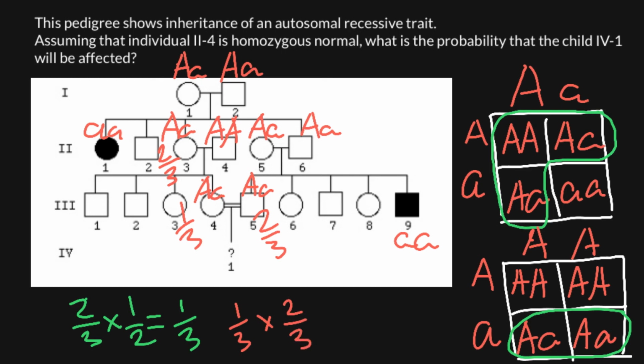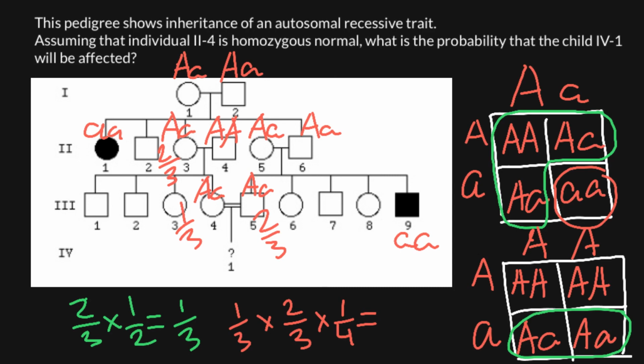And once again, if both these parents are heterozygous, it doesn't mean that the progeny have to be homozygous recessive and affected. Two heterozygous people have a 1/4 probability of having an affected child. So we also have to multiply by 1/4, the probability of having an affected child for two heterozygous parents.